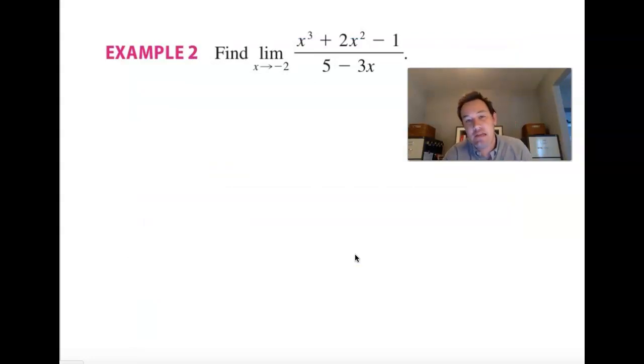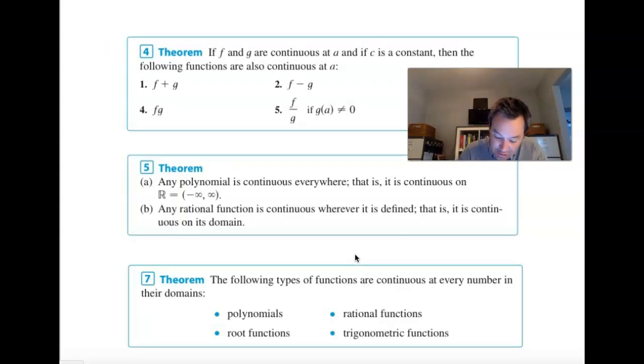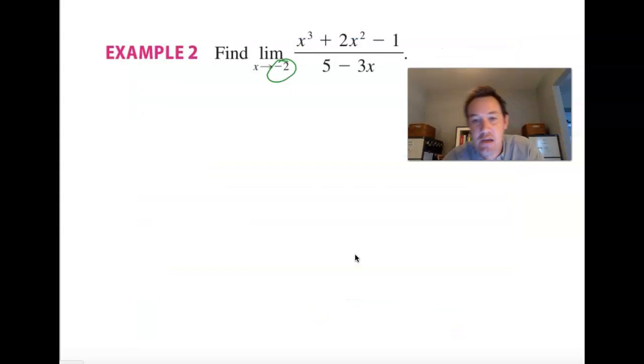Okay, with that being said, this is just an example of finding the value of a limit. No tricks here. In this case, you really just need to do a direct substitution because this is a rational function. As long as negative 2 is in the domain, our last list said that rational functions are continuous everywhere in their domain. How do you know if negative 2 is in its domain? If it doesn't make the denominator 0, it's in the domain. So right away I can go, well, if I plug in negative 2 here, does it make me divide by 0?